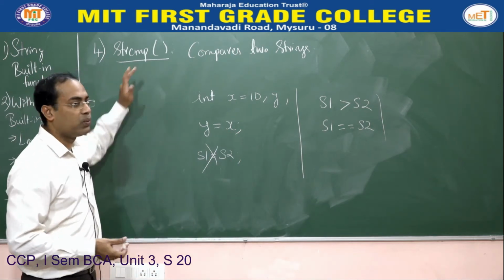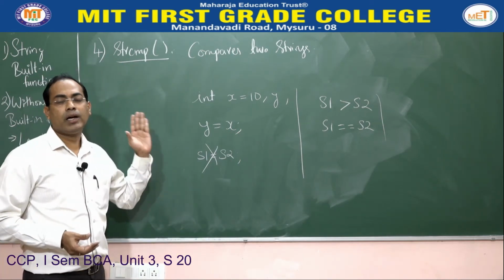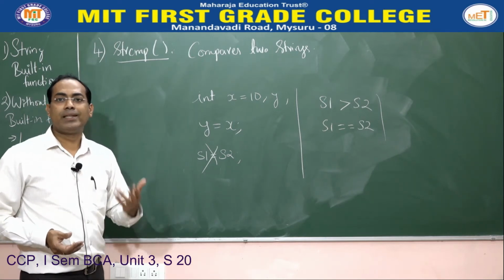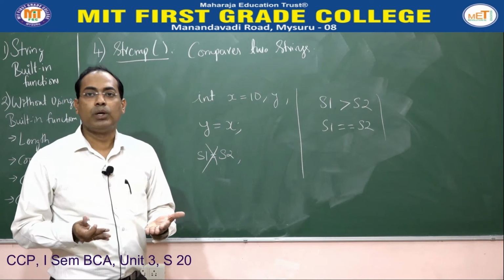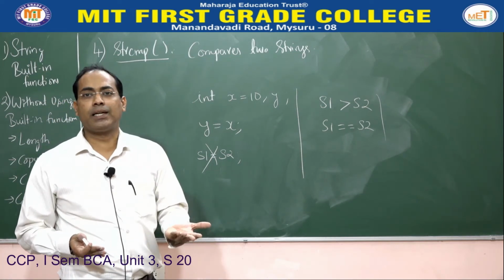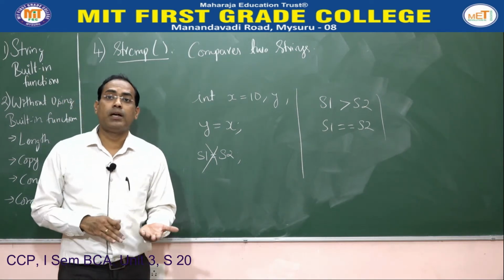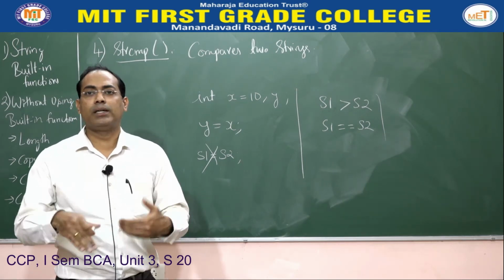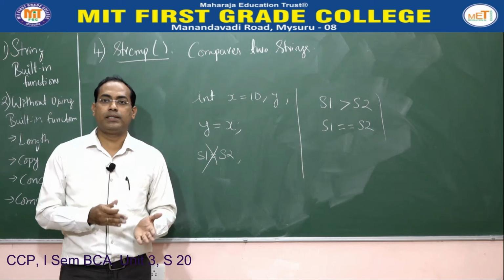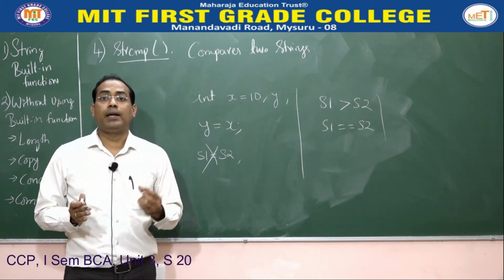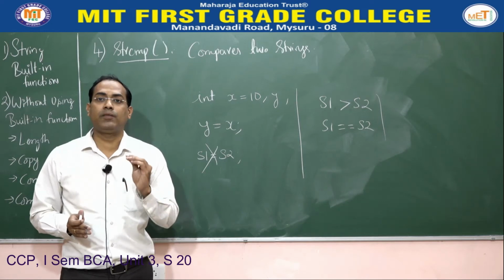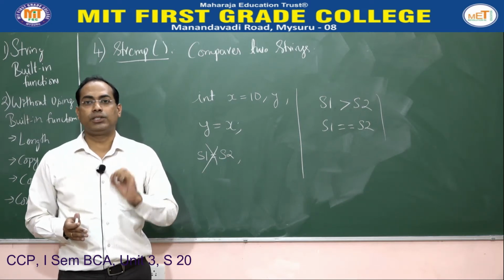The built-in function we are going to discuss now is the string compare function, which compares two strings and tells you whether the two strings are the same, or whether the first string is greater than the second string, or whether the second string is greater than the first string. That is the output this function will give you, and this comparison is directly based on the ASCII value of each string.